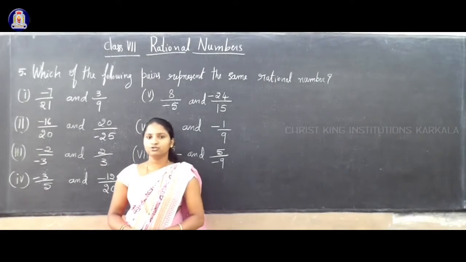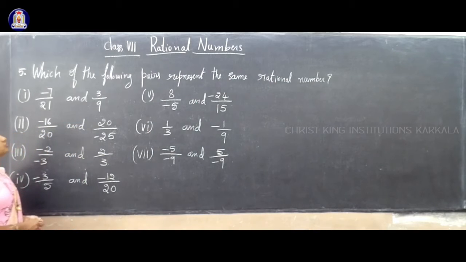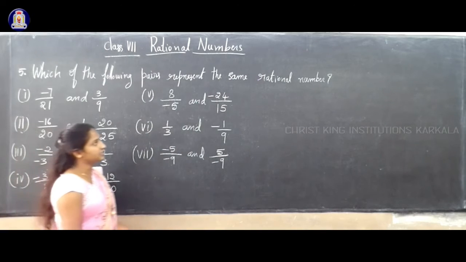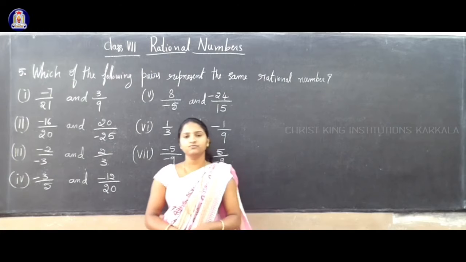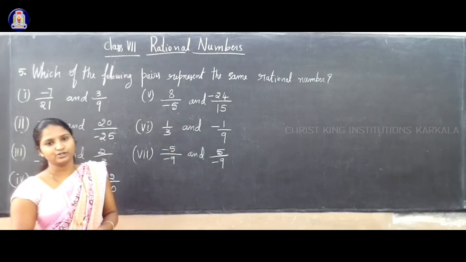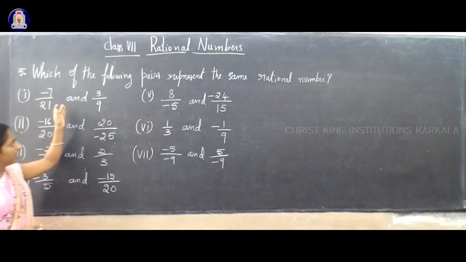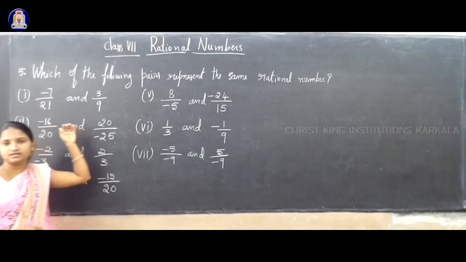Okay. The next question. See, in rational numbers, the fifth question is, which of the following pairs represent the same rational number? The first pair of rational numbers is minus 7 by 21 and 3 by 9. So this is the first pair.